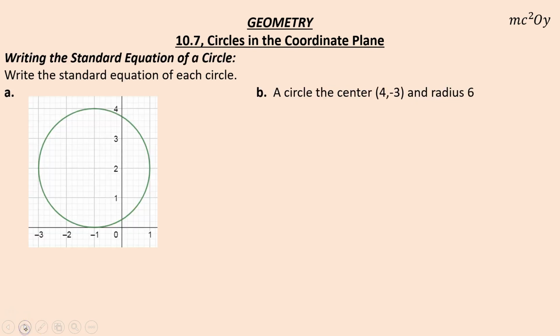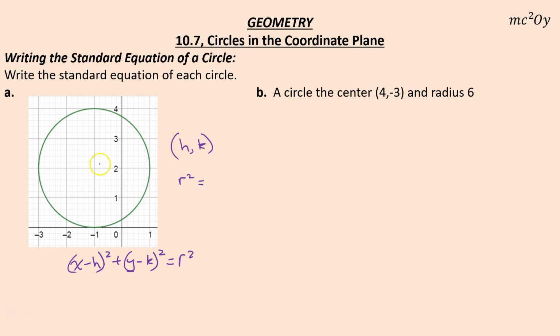So let's go ahead and apply this. Write the standard equation of the circle. If I'm going to write the standard equation, (x minus h) squared plus (y minus k) squared equals r squared, I need to know (h, k) and I need to know r squared.